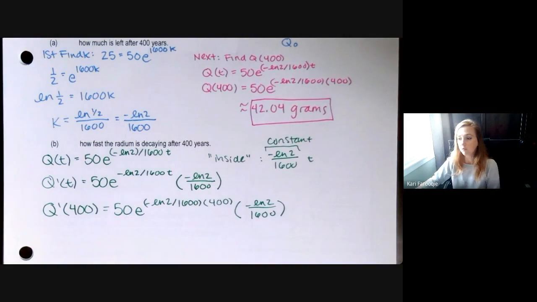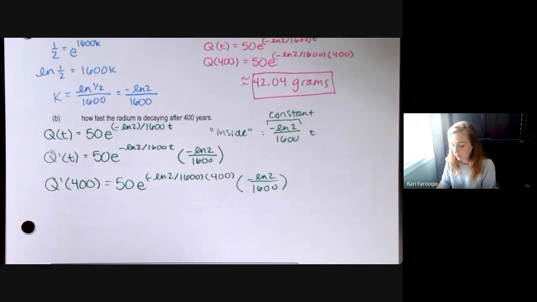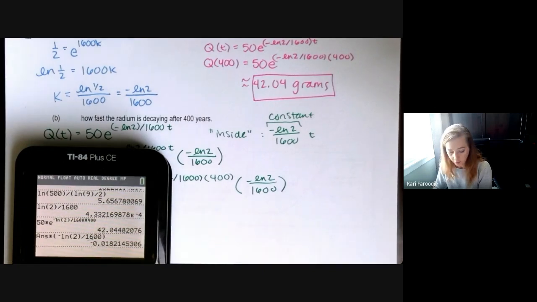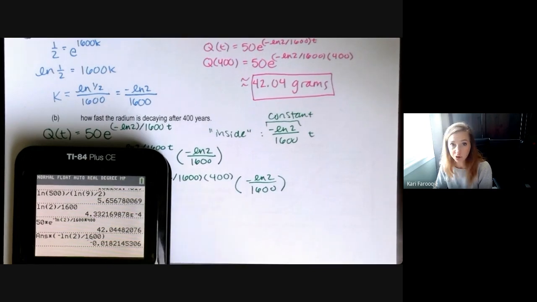We're just multiplying it by negative ln2 over 1600. So what that is going to look like is, let's see, this was our answer from before. I'm going to multiply that by, don't forget your parentheses, negative ln2, close your parenthesis, divided by 1600, close your parenthesis, and we get negative 0.0182.